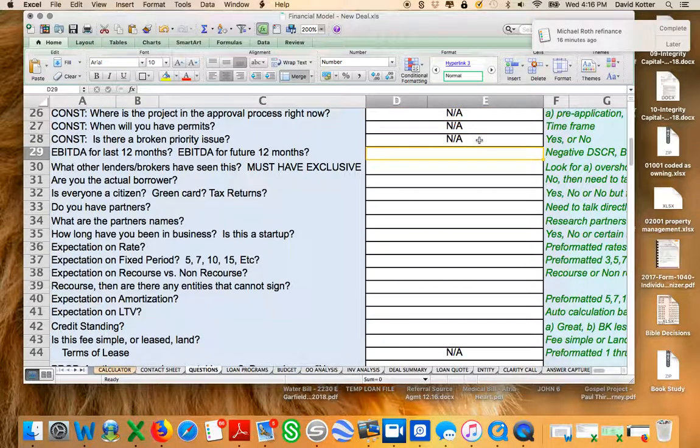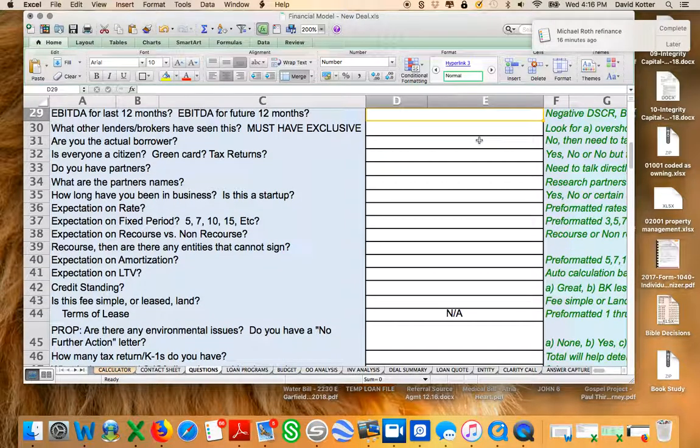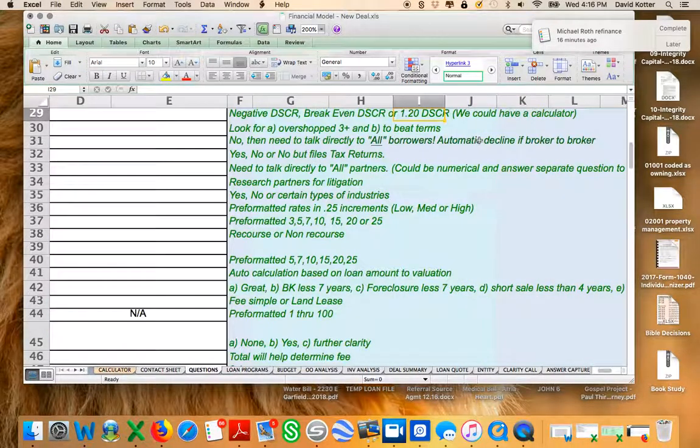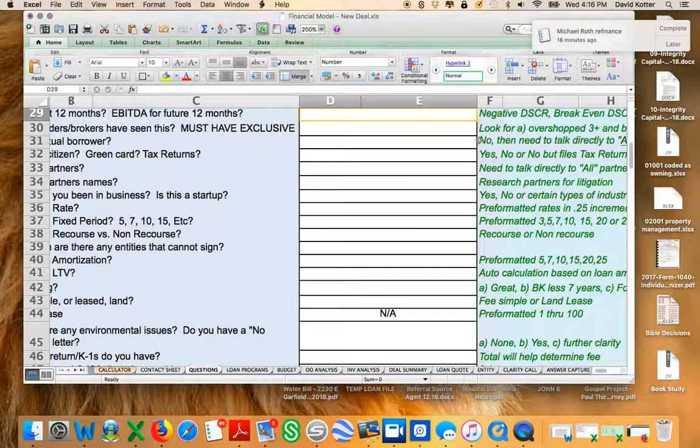Once you get past that, you're going to ask, what is the EBITDA, which means earnings before interest, taxes, depreciation, and amortization. So basically, we're trying to figure out what was their net profitability for the last 12 months for their business, or for the next 12 months if it's all projection based. That's a really big number, and we want to know what it is. So let's assume they're going to have 300,000.